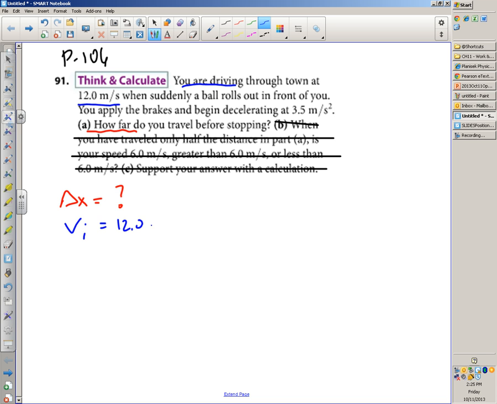That's what you're doing at the beginning of this problem. What else? VF is going to be what, Wargo? 0. Because, stop. Okay, you apply brakes, right? So that implies that eventually we're going to stop. Okay? Last bit of information there for us is what? Acceleration. The acceleration, right? Even though they call it deceleration, that's going to give us the acceleration value.